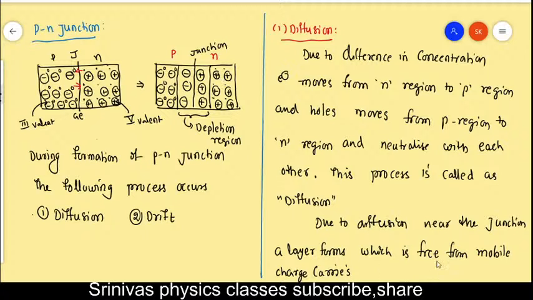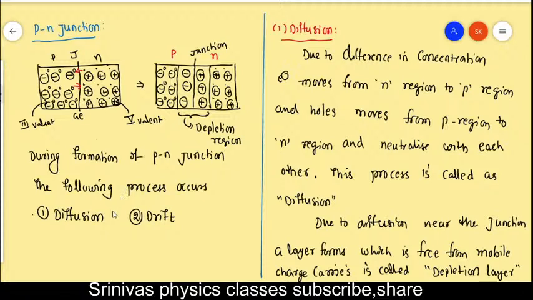This layer, free from mobile charge carriers, is called what? The depletion layer. Deplete means electrons and holes disappeared here. It is called a depletion layer or the depletion region. How the depletion layer formed, I explained. Due to the diffusion it forms.